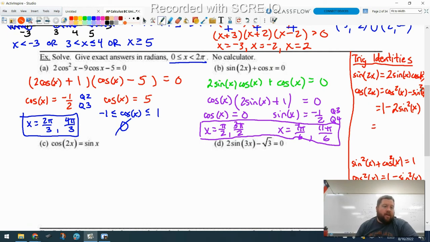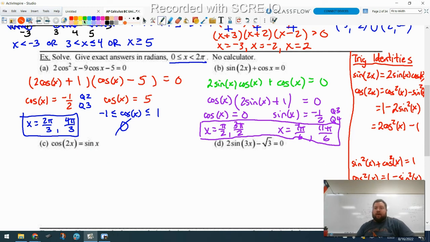Or if you replaced sine squared with 1 minus cosine squared, you would get cosine squared minus 1 plus cosine squared, because of the negative times a negative. So that would be 2 cosine squared minus 1. Okay, so there are 3 versions of the cosine of 2x. You want to pick which one is going to be most beneficial to you.